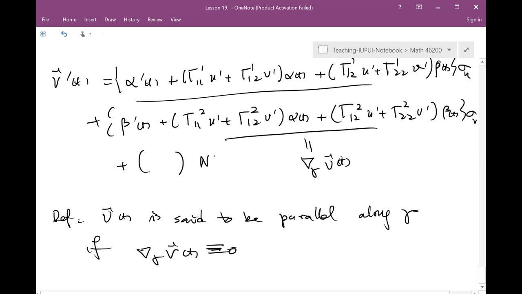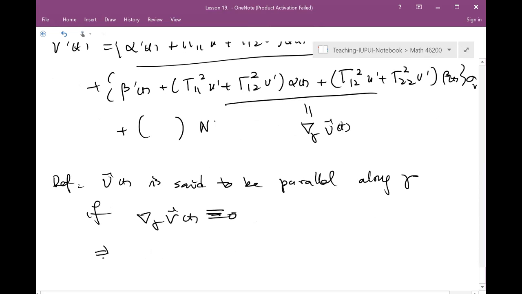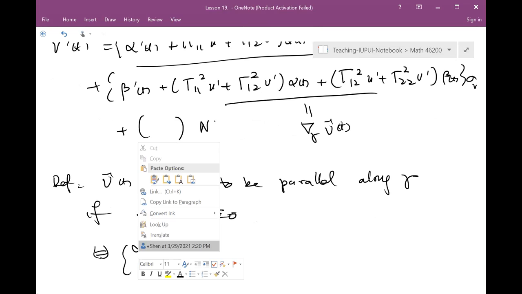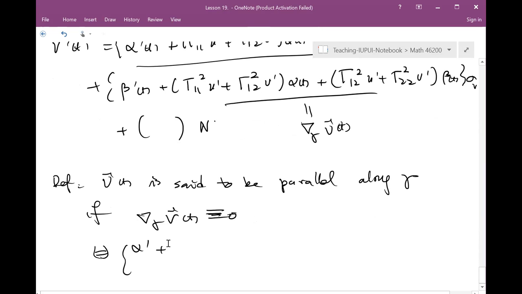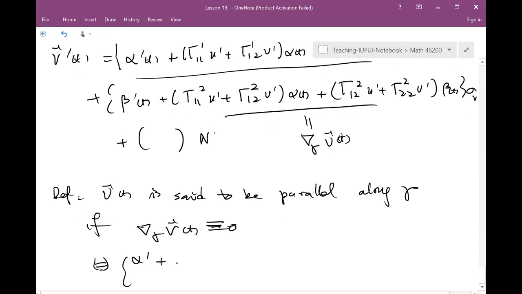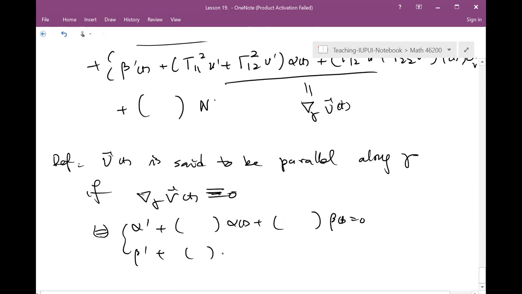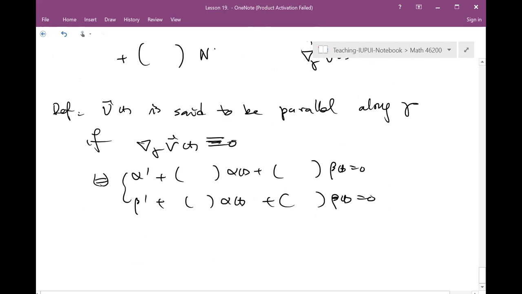Each of them will be 0, and it's hard to solve. So you have something here, and something here, it's 0. I don't want to copy this. So that's a coefficient of 0. You just need to solve this system of first order differential equations, but the fully nonlinear ones.